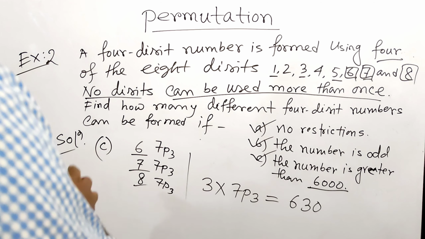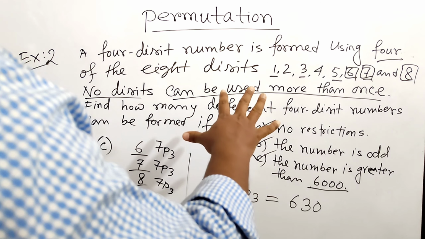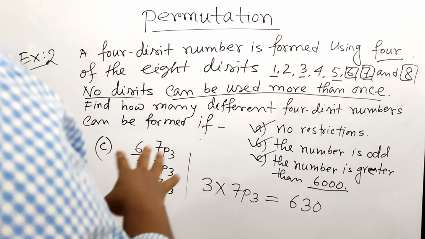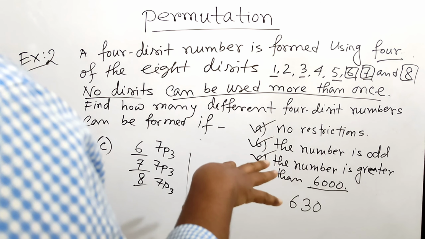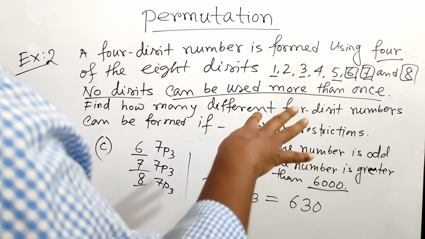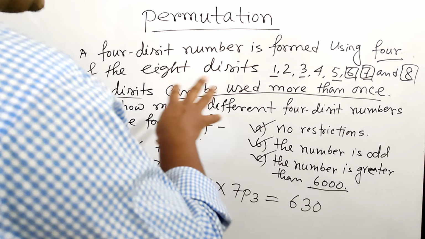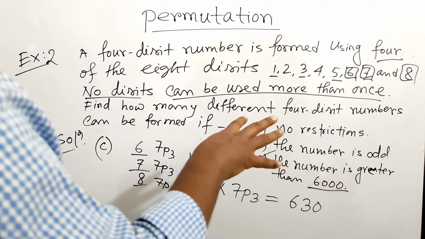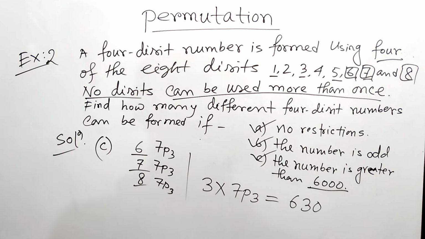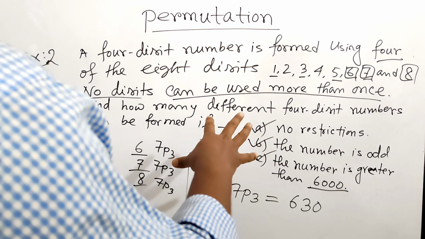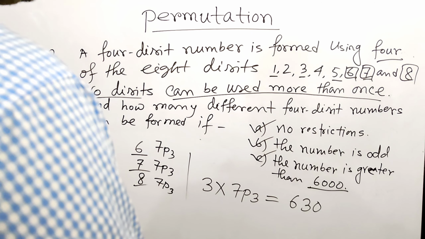In that way you can solve any problems for numbers. If some digits are given, just follow the conditions and restrictions of the given question and follow the formulas of permutations, then you can easily solve any problems from permutations.